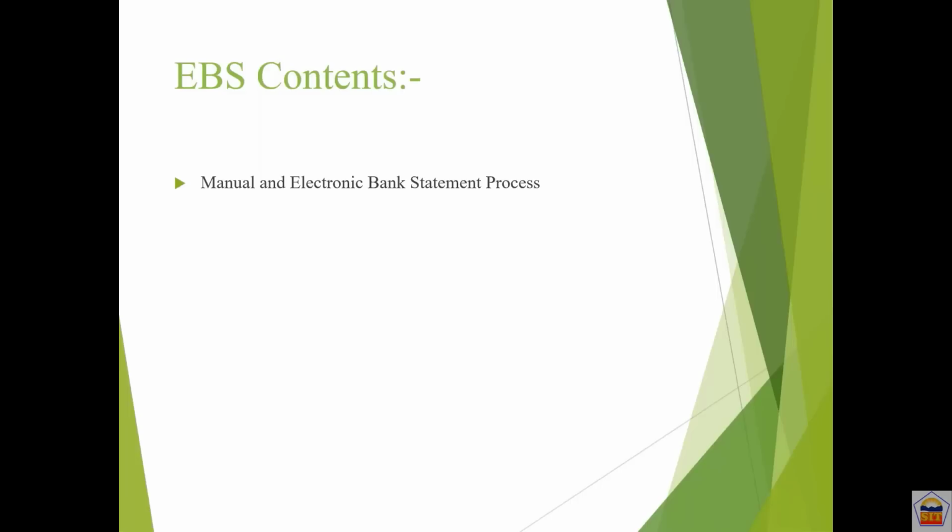Another way to do the clearing or reconciliation is the electronic way, under which the bank is going to send you a format or a file in a prescribed format, and that file you upload in your SAP environment.